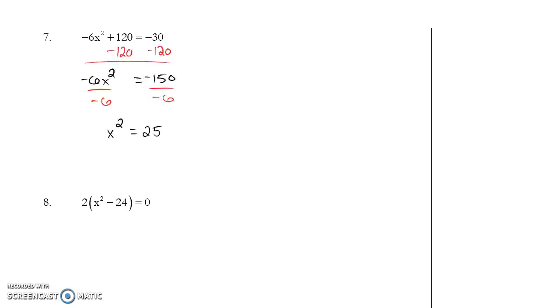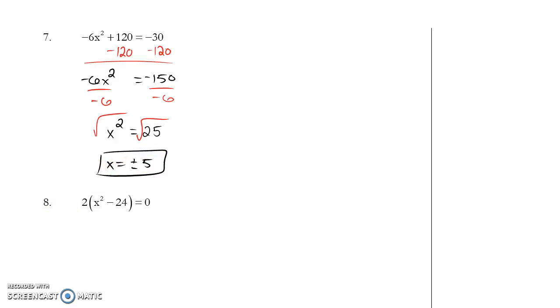So for number 7, hopefully we got to this point. First subtract your 120 from both sides, then divide by negative 6 on both sides. X squared equals 25. Now you can square root both sides. X is plus or minus. 25 is a perfect square. Done.